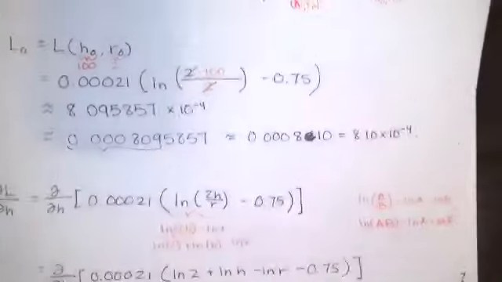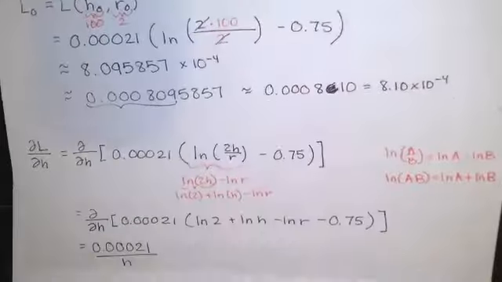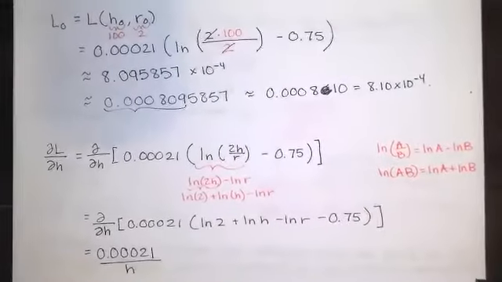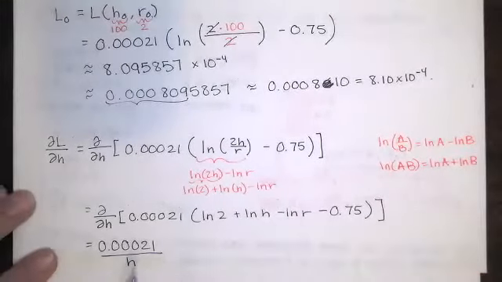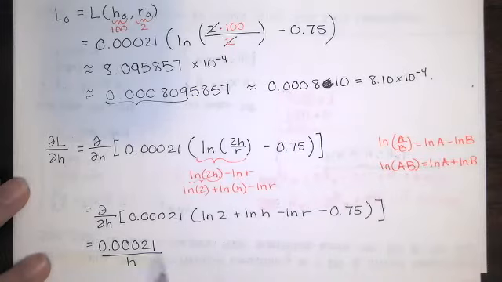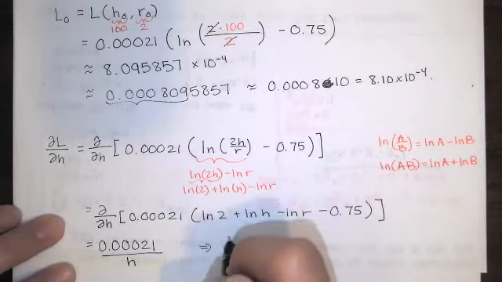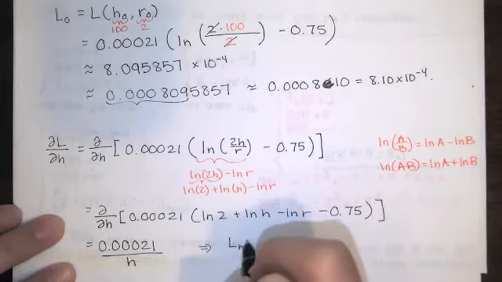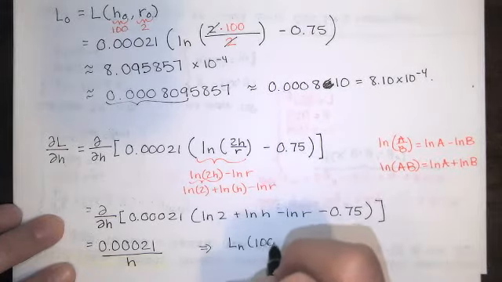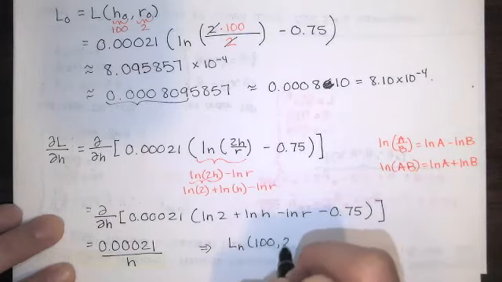So this is the partial of L with respect to H, and we want to evaluate this at H naught, R naught. So I guess we can write it this way. I'll use subscript notation now. H naught is 100, R naught was 2.